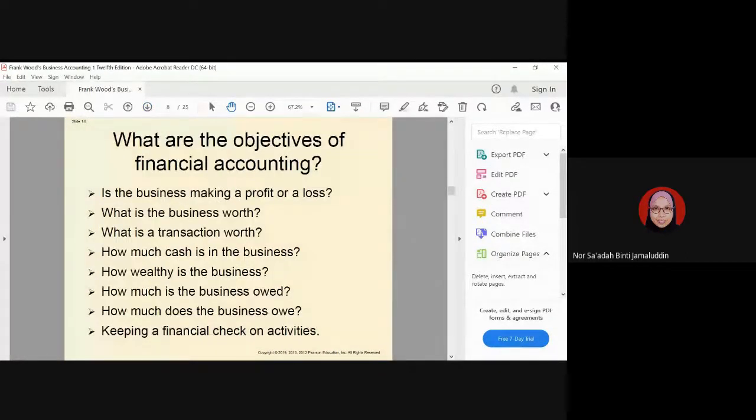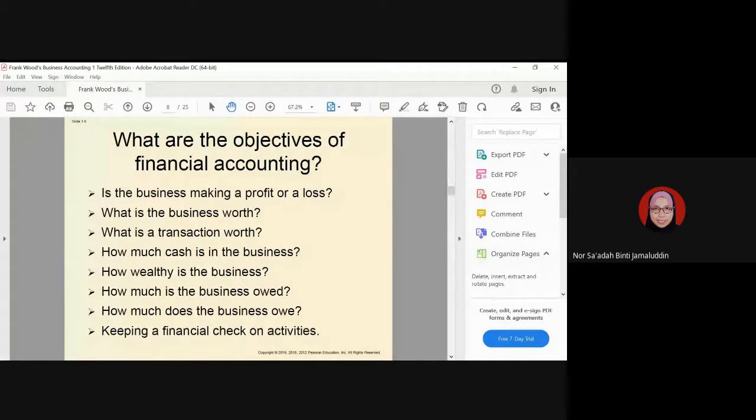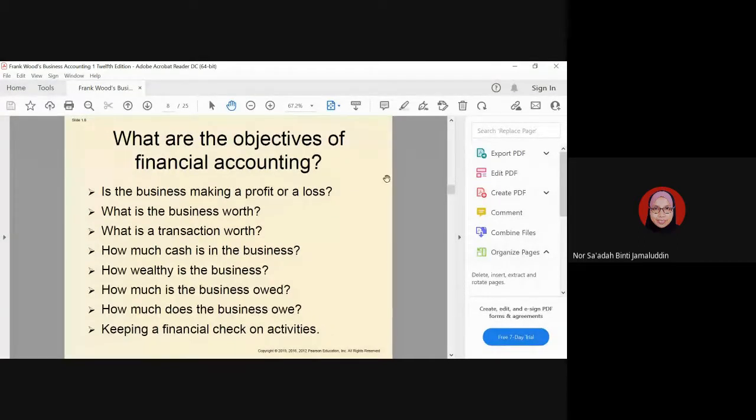This is what the objective of financial accounting is, in terms of questions that you must try to answer to make sure your understanding of financial accounting is right. It is correct and is suitable for our courses. Okay, is the business making a profit or a loss? What is the business worth?